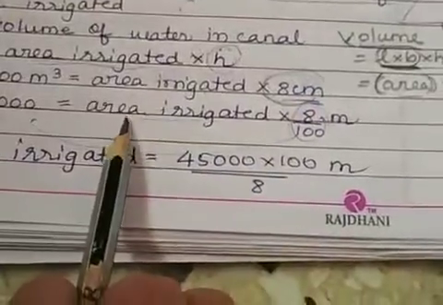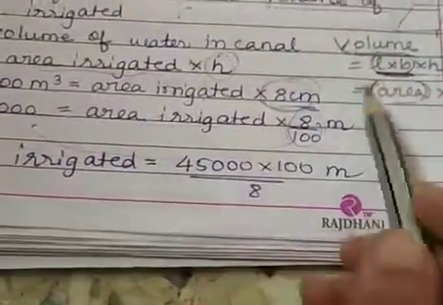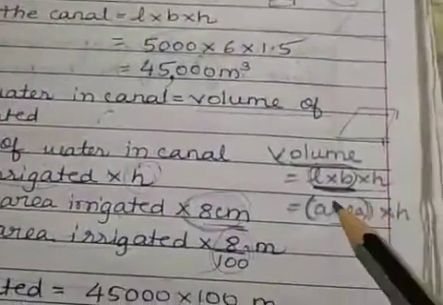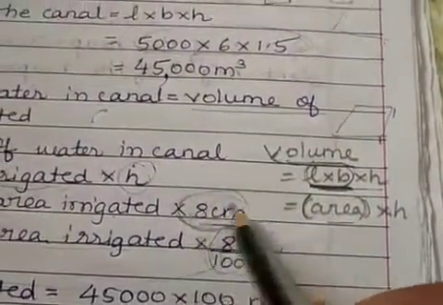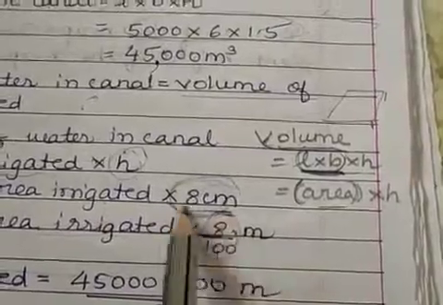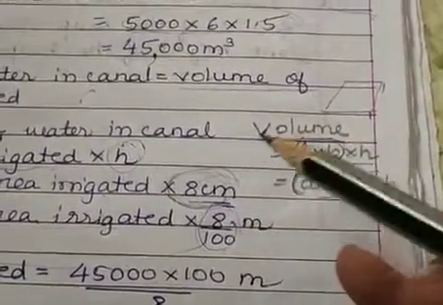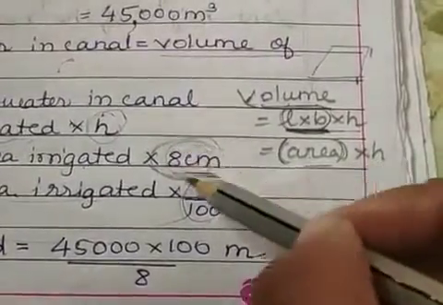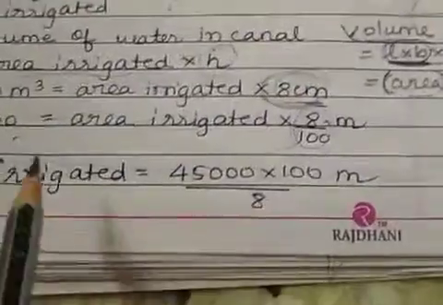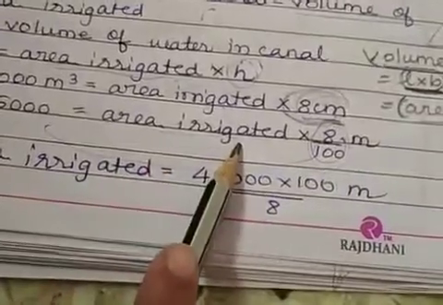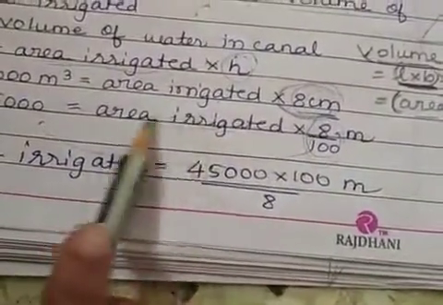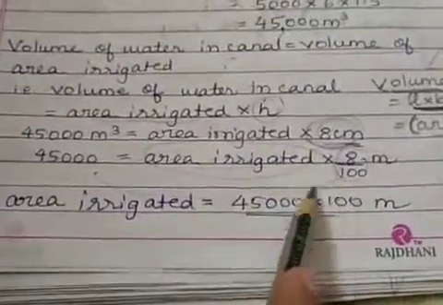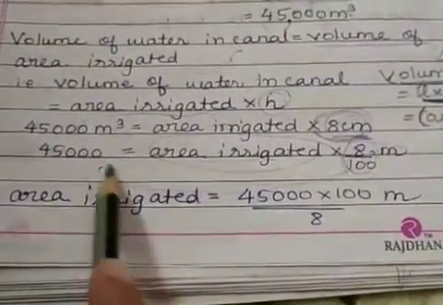So now you have area irrigated multiplied by 8 centimeters. All the other quantities are in meters, so we have to convert it into meters. Here 8 centimeters we are converting to meters by dividing this by 100. Now we want to find the area irrigated, so we have to transfer this on the other side.